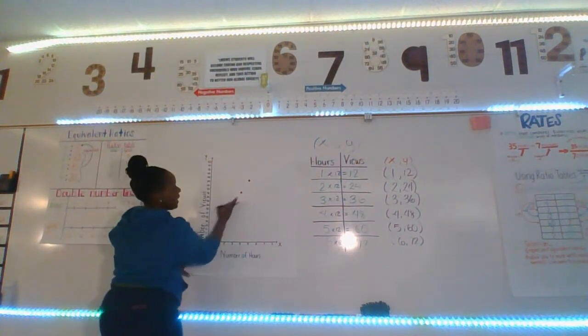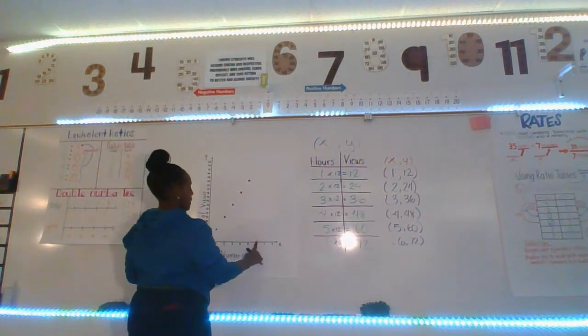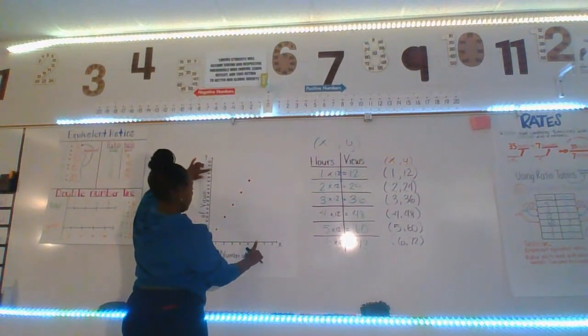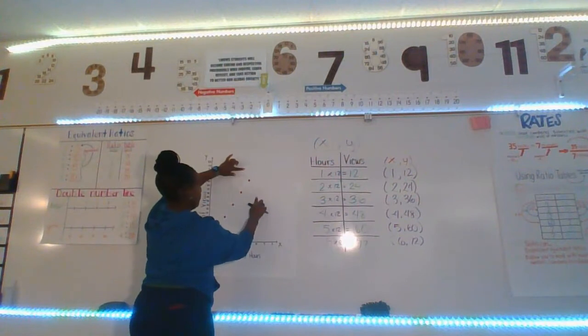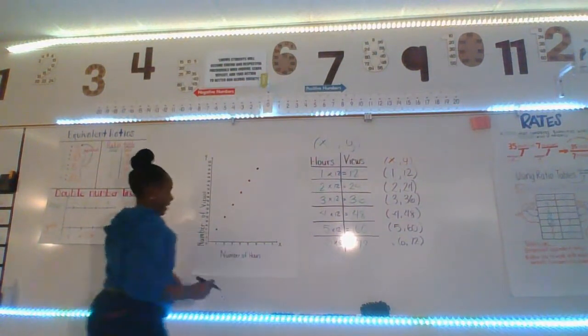Notice I'm creating a straight line, okay? Then we do the same thing, 0 to 6, 0 to 72, and then we trace until our fingers meet, and we put a dot there.